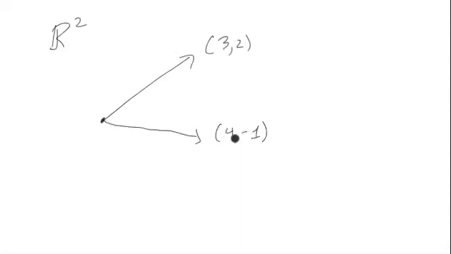Let's see what that projection would be. We're going to think of a projection onto this line right here, the line where (4, -1) is. We'll think of that as our function.